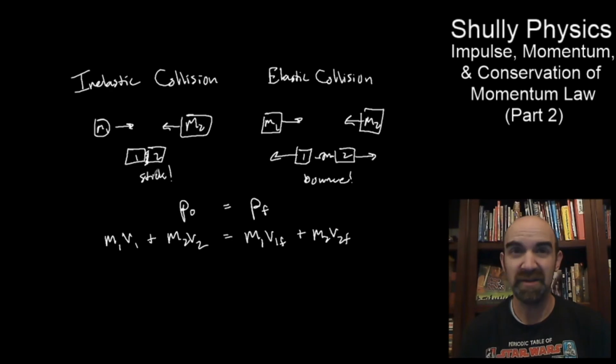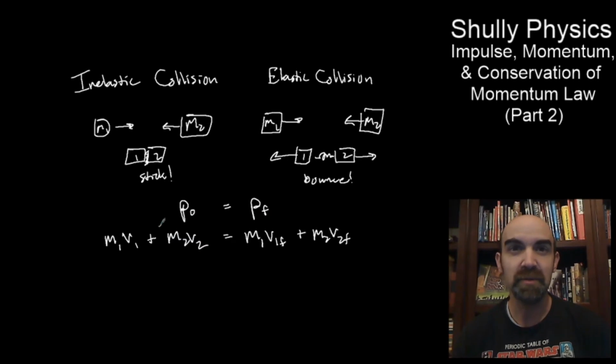Well, if, like I said, mass 1 had a greater value than mass 2, but they had the same velocity, opposite directions, we might have a 10 plus a -5, and the -5 would come because V2 is in the opposite direction of V1. But if M1 is greater, then you might end up with a positive amount over here that's greater than a negative amount over here.